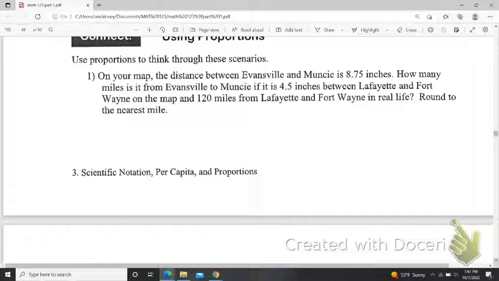So between Evansville and Muncie, 8.75, and this is Evansville, Muncie. I'm going to put that up there. And then 4.5 Lafayette to Fort Wayne.